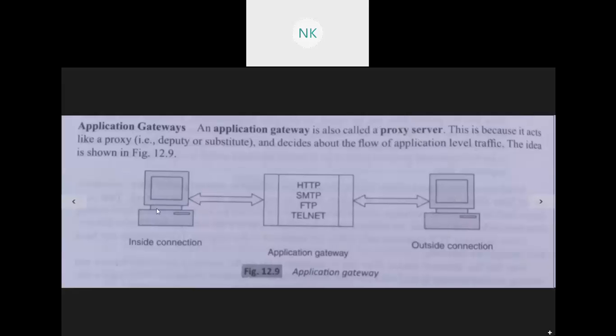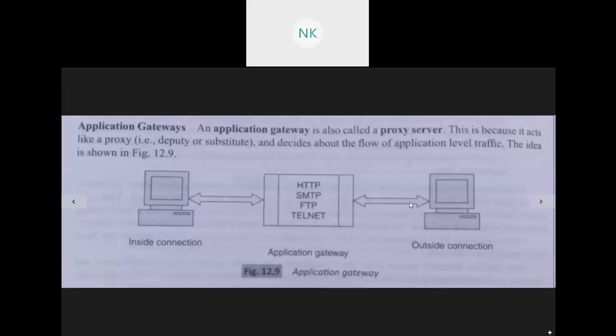So here, first, this user contacts the application gateway by using a TCP connection or TCP/IP application. This is a user computer, it has a TCP application installed here, and here also the TCP application is installed. I think we discussed this in our earlier class, when we discussed the working of web browser and web server.